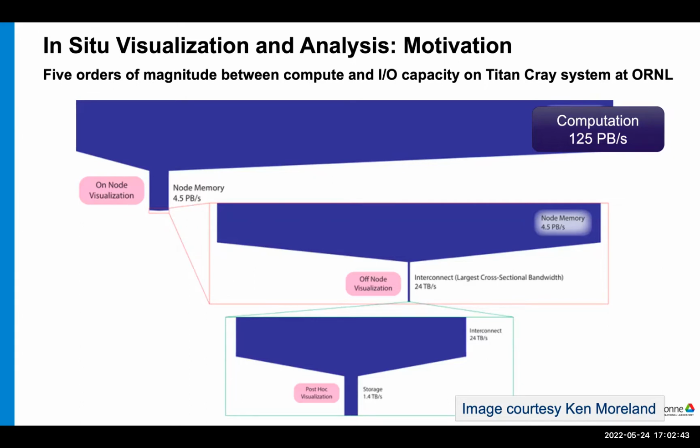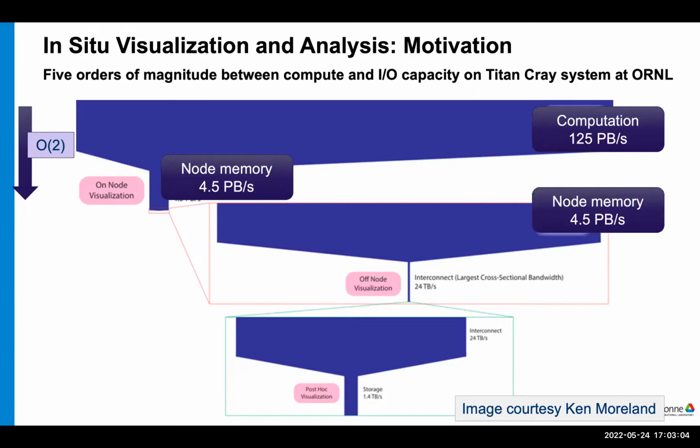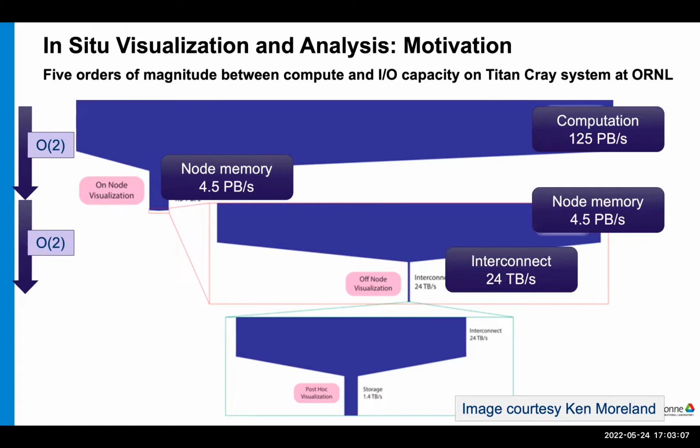So this image has been created by Ken Moreland, one of our collaborators, and what it basically shows is the fact that as you move from computing, so running the simulation, to memory, the speed is being reduced by a factor of 2. And then as you move the data from your memory to the interconnect, then again, there is a speed reduction of 2.